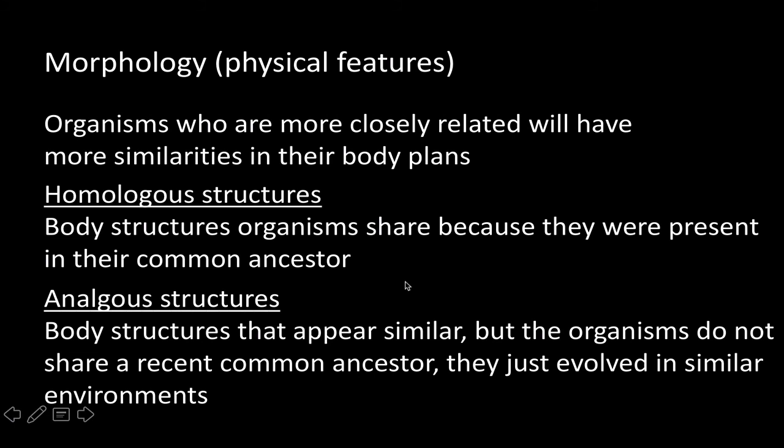If you look more closely, you see that usually it's on the outside that they share similarities, and the reason why they share similarities on the outside is because they have evolved in similar environments, and those similar environments put pressure on them to evolve certain exterior physical features. And so two organisms may look similar, but those similarities aren't because they share a common ancestor. It's because evolutionary pressures, natural selection pressures, have caused them to evolve those similar structures because of their environments.